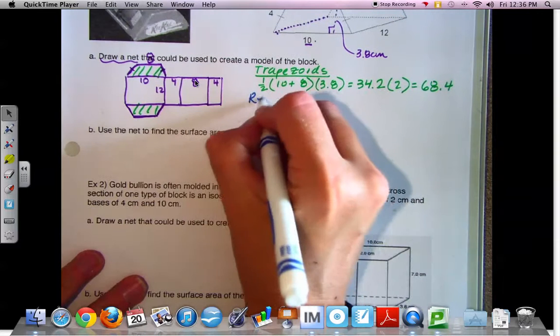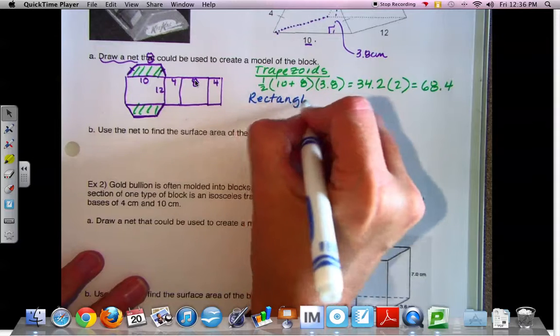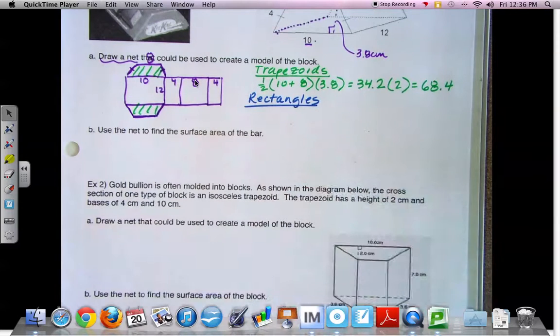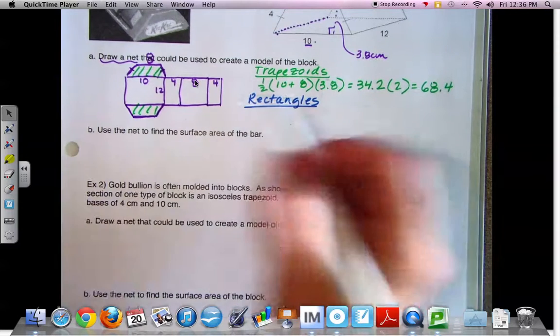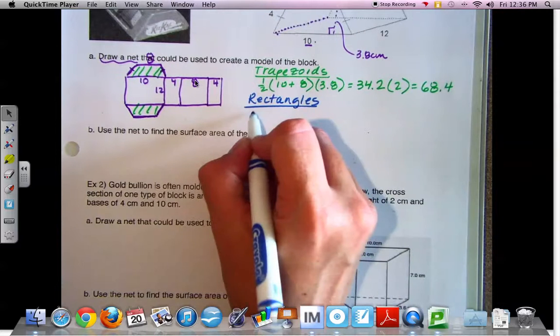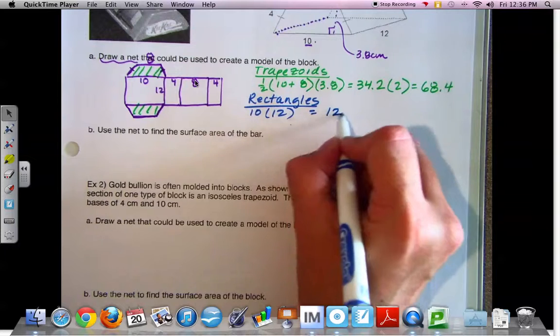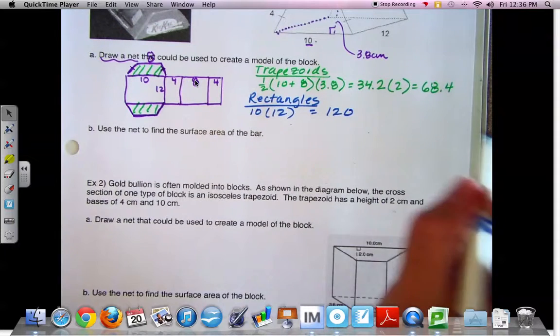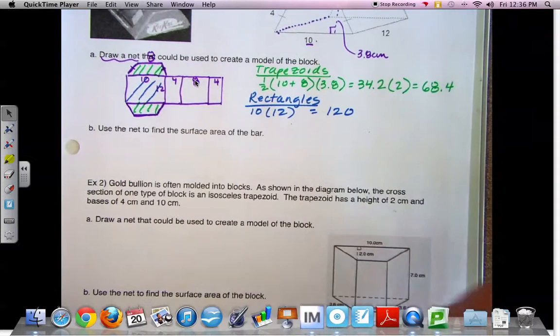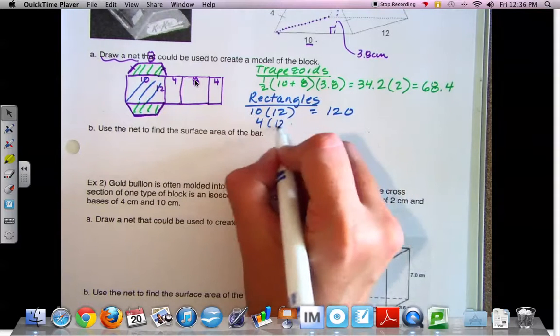Rectangles. I usually go from the left to the right. So on the left, what do I have? 10 by 12, which gives us 120. Next to that, 4 by 12. 48.